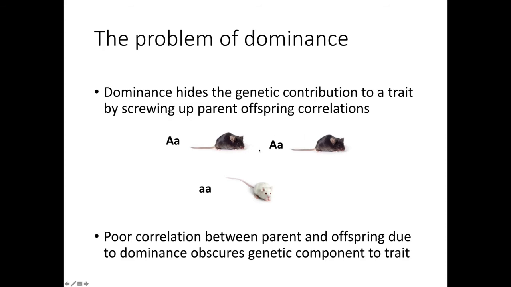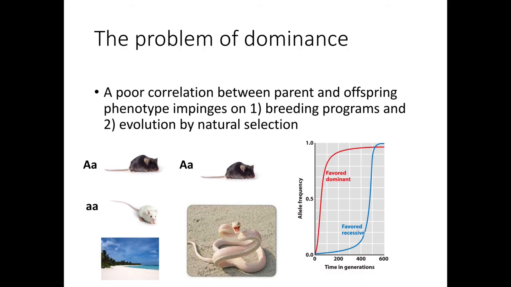So even though it's genetically determined why this individual is white, the allele is hidden in the parents, which leads to a poor correlation between parent and offspring that is due to dominance, and that dominance obscures the genetic component of the trait, because one might see this type of cross and say, okay, it's probably not genetic then, because the parents are not correlated with offspring, even though it clearly is genetic.